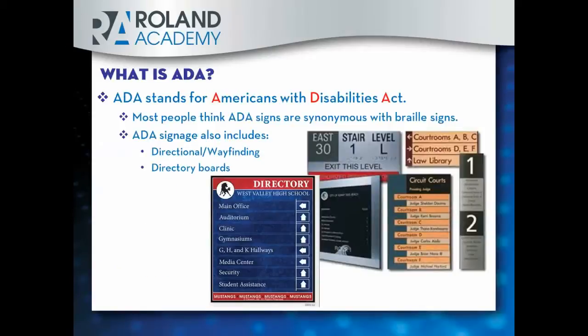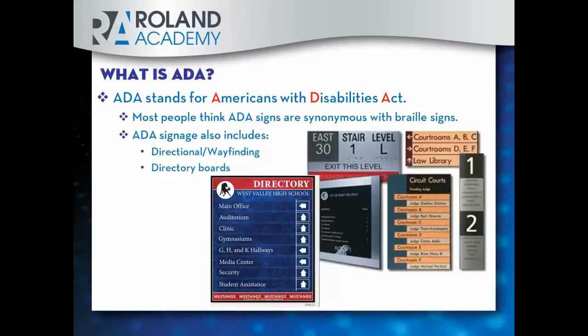All right, so what is ADA? ADA stands for Americans with Disabilities Act. Now the term ADA signs has come into common use in the architectural, construction, and signage industries with the whole advent of the Americans with Disabilities Act.